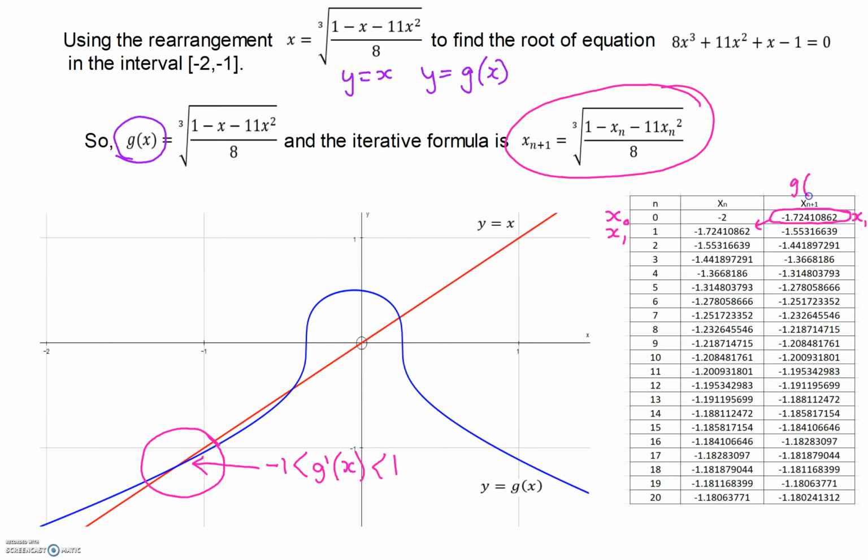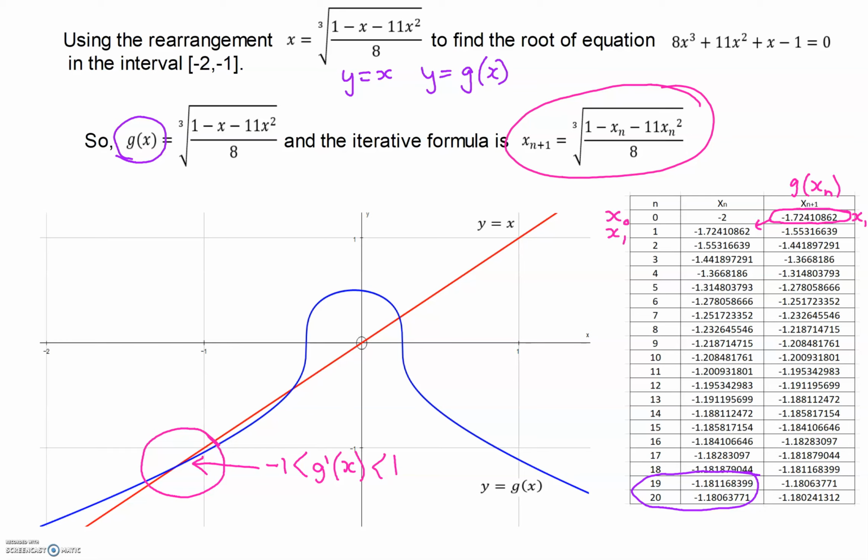This is actually g of xn, because we are using the graph y equals g of x, just being a little bit more formal in our notation. So if we look at the spreadsheet, we can see that our values of xn are getting closer and closer together, heading at the bottom here towards -1.18 to 3 significant figures.